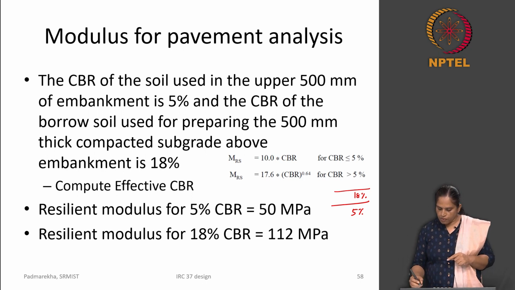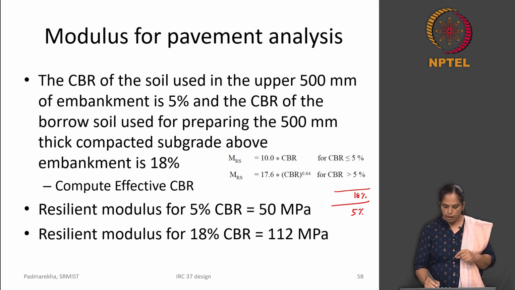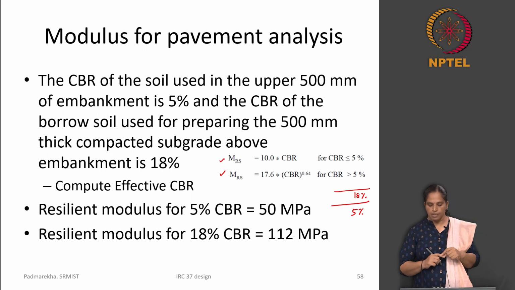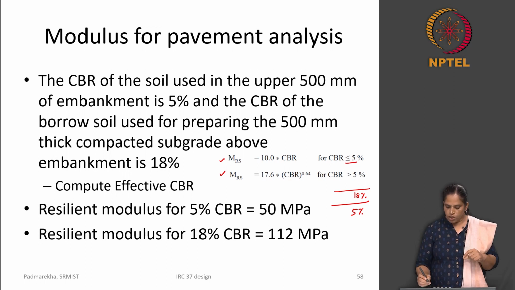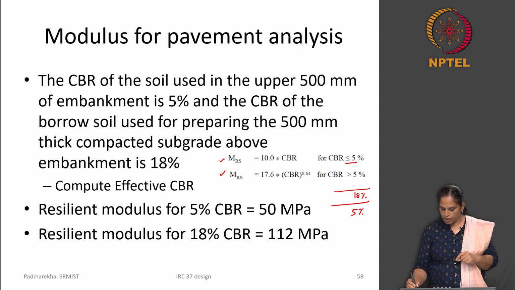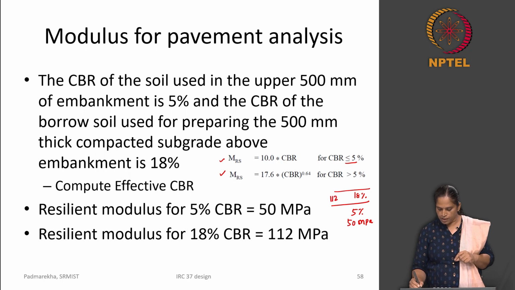We will convert the CBR directly to a resilient modulus value using an empirical equation suggested by IRC 37. If the CBR value is equal to or less than 5, it is just direct multiplication by 10. So 10 into 5 gives 50 megapascal. So this layer will have a resilient modulus of 50 megapascal and the top layer will have a resilient modulus value of 112 megapascal, computed using the equation here.